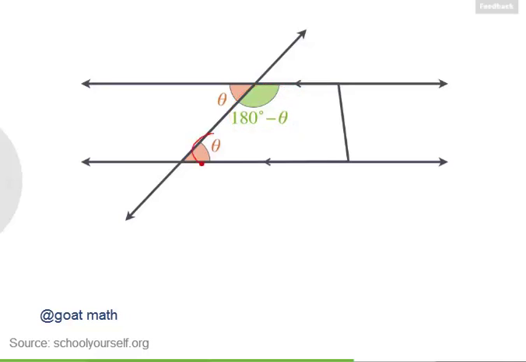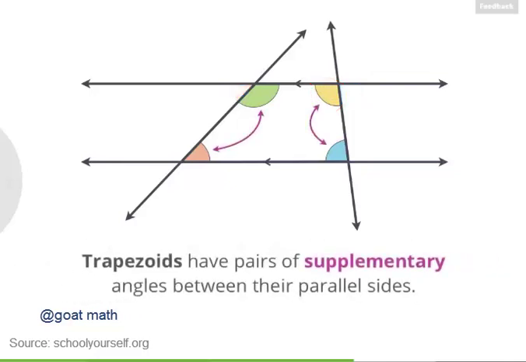In other words, these two angles are supplementary. And if we look on the right side of our original trapezoid, this blue angle is alternate interior angles with this angle up here, which is supplementary to the yellow angle over here. So we've proven here that trapezoids always have two pairs of supplementary angles between their parallel sides.